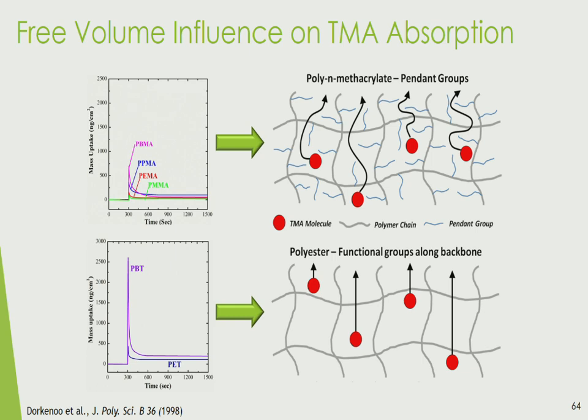So these TMA molecules can diffuse further into the polymer. With the polyester, where we have the functional groups on the backbone, they can again diffuse further with the larger spacing within the polymer backbone.